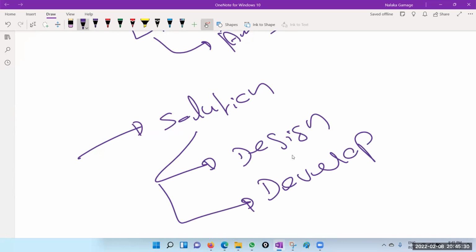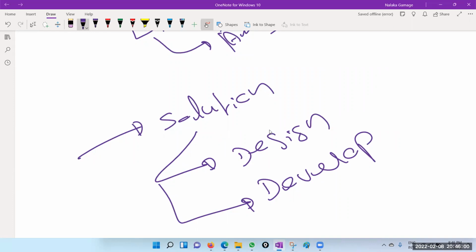So why do we want to design and develop? First thing is, identifying a solution is a challenging task. The other thing is there can be some possible options: this solution, that solution, and so on. Then we want to find the best solution and develop that best solution, not just a solution.